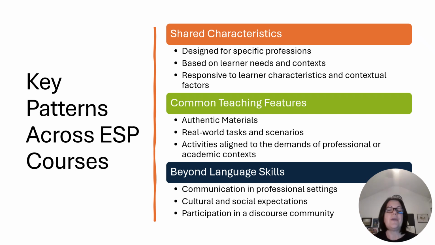Another important point that I wanted to mention, something I noticed when I was reading the courses that I thought was really interesting, is the responsiveness to learners' characteristics and contextual factors. So, for example, and this is one that really stuck out to me, in the business course under the special interest and constraints, the design considers cultural factors for Emirati female students.